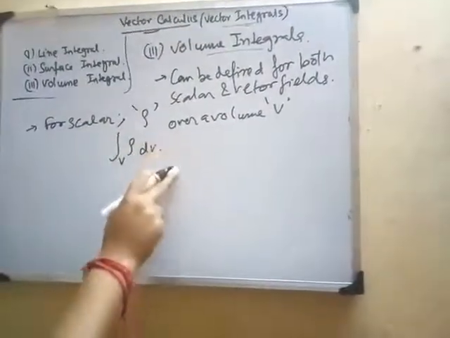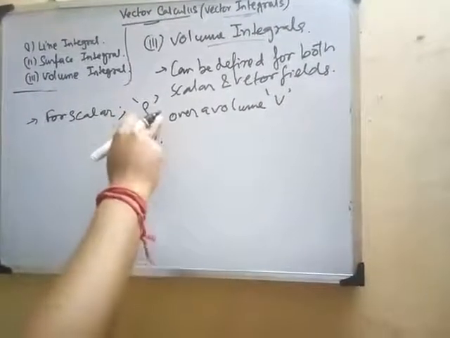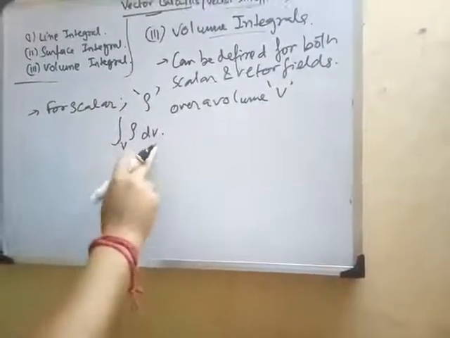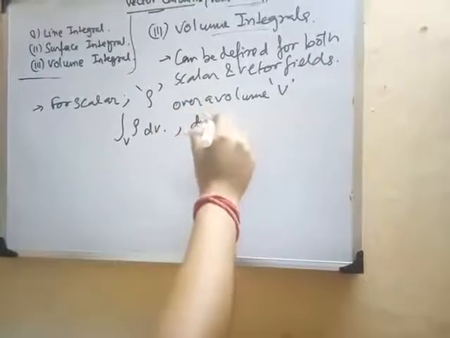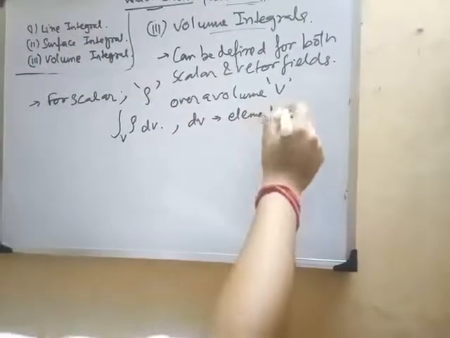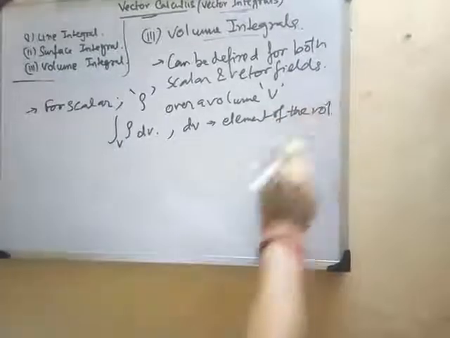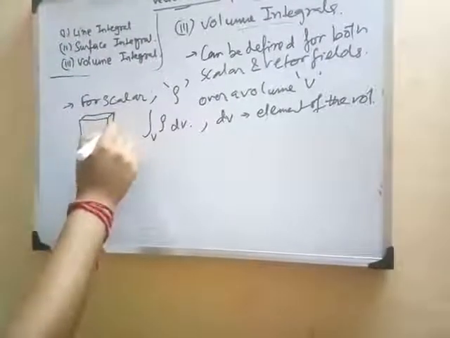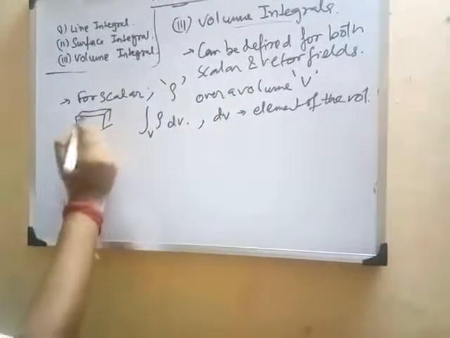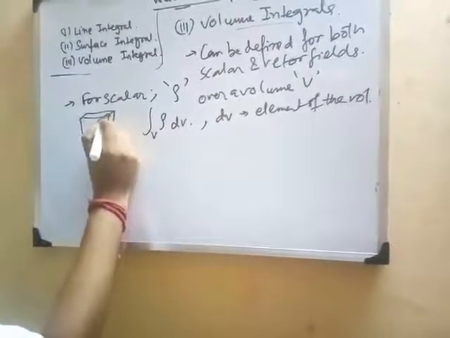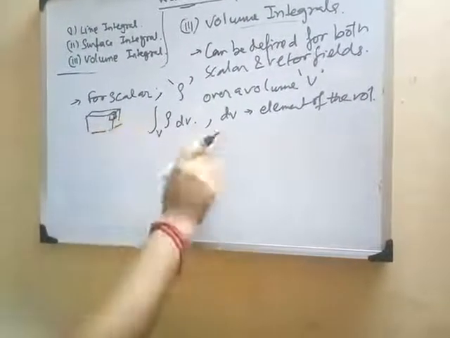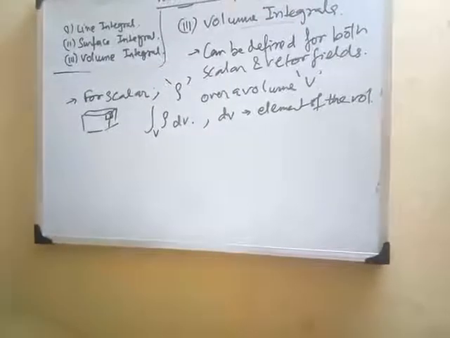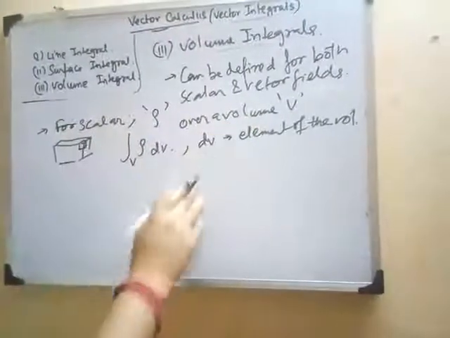This is the representation of the volume integral of any scalar field rho over a volume V, where dV is actually the element of the volume. That means it is a unit element. Suppose this is your cuboid, so dV will represent a small 3D volume, a small part of the full volume. So this is the definition for scalar.